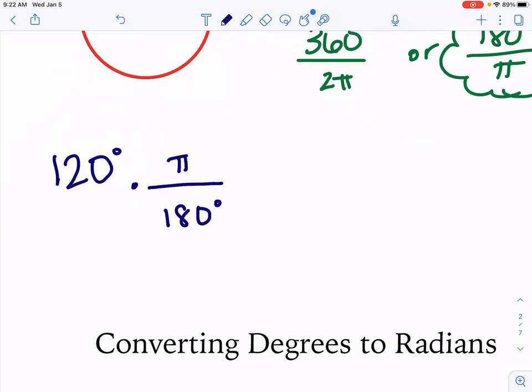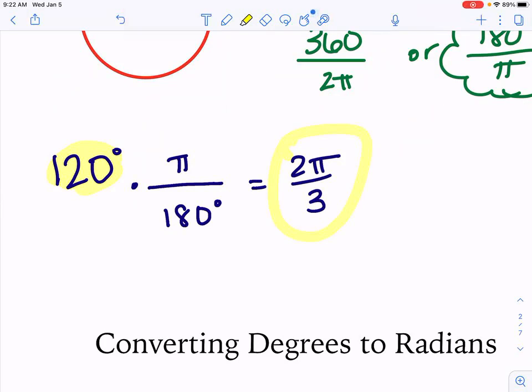Pi. And now we can multiply across and simplify. 120 over 180, what would that simplify to? So 120 degrees is the same thing as 2 pi over 3 radians.